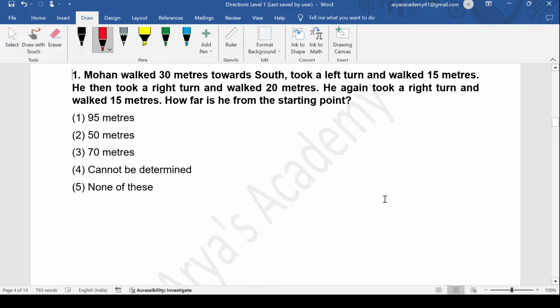Anybody? As we have covered the entire concept, you can apply the concept while solving the questions. Read out the question properly, understand the question properly, and answer whether the answer is option number 1, 2, 3, 4, or 95 meters, or 70 meters, or 50 meters, or cannot be determined, or none of these. What is the correct answer?